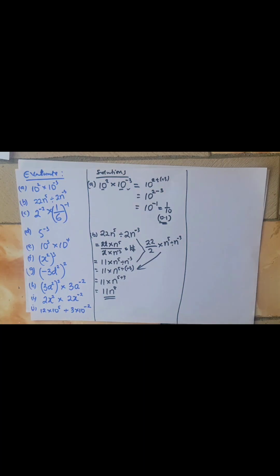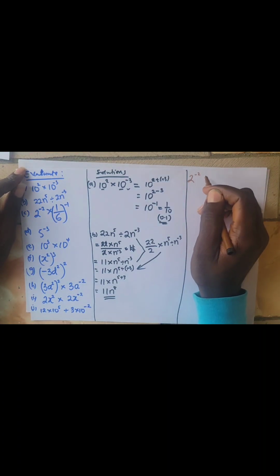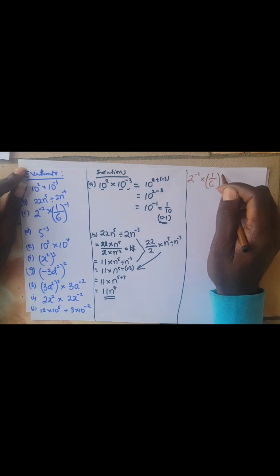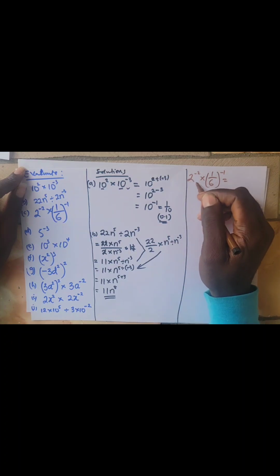Okay, the next one, 2 raised to the power minus 2 times 1 over 6 raised to the power minus 1. This is equal to, change it to positive index.